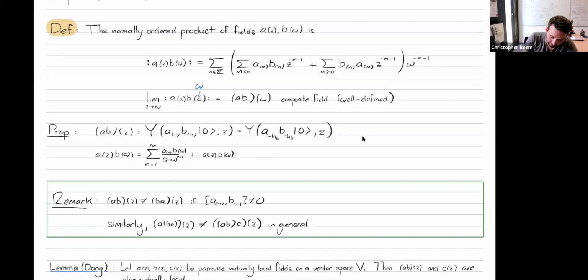This full normally ordered product is also what you get in the OPE left over after you remove all of the singular terms. This should have been from n equals 0.